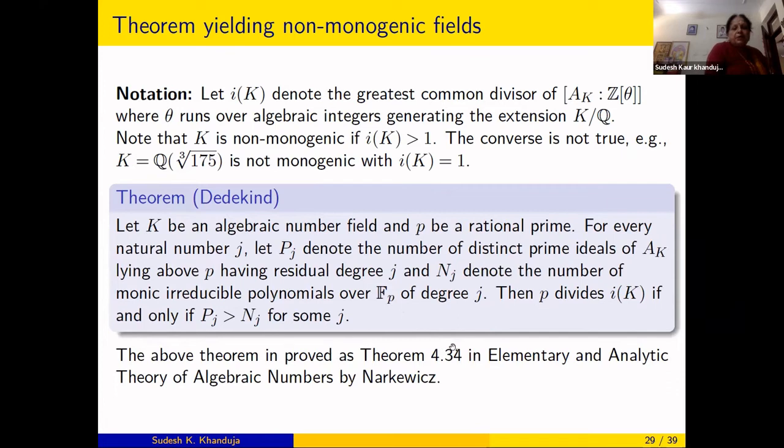Then p divides I_K if and only if p_j is greater than N_j for some j. I_K is called the index of an algebraic number field. The above theorem is proved as Theorem 4.35 in An Elementary Relative Theory of Algebraic Numbers by Narkiewicz.